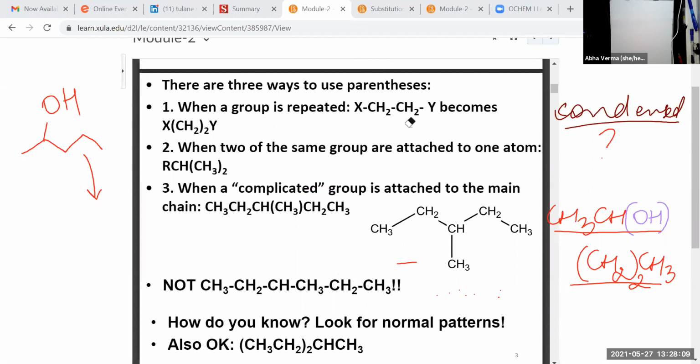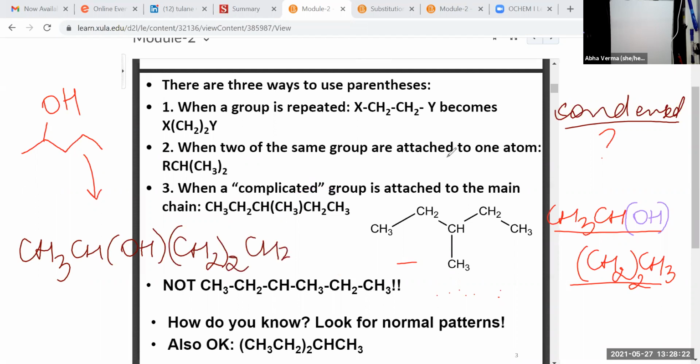So my answer for the condensed version would be something like this. Any questions? Now, whenever you're doing this, time permitting, you should always check back. If I have to redraw this structure, how will I redraw it?